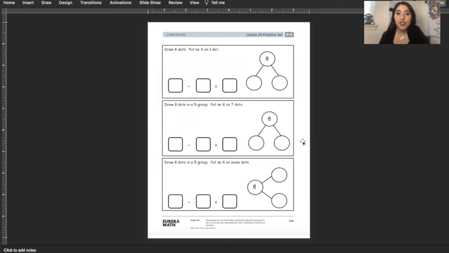Next, you're going to draw 8 dots. Ooh, you're in charge of drawing the dots. And put an X on however many dots it tells you. Fill in the subtraction sentence and the number bond. But the last one, draw 8 dots in a 5 group and put an X on some dots.